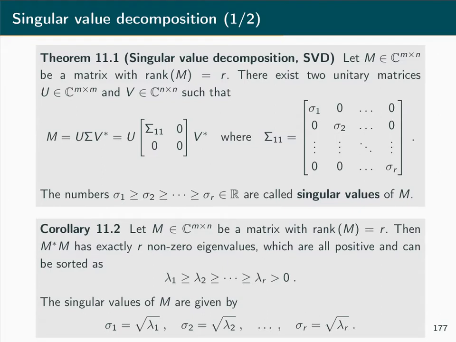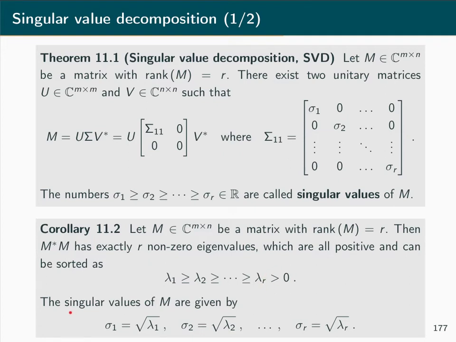From the proof of Theorem 11.1, Corollary 11.2 is immediate. So for any m by n matrix M with rank M being equal to r, we have that M star M has exactly r non-zero eigenvalues, which are all real and positive and can be sorted as lambda 1 greater than or equal to lambda 2 and so on, greater than or equal to lambda r, which are all positive, so greater than 0.